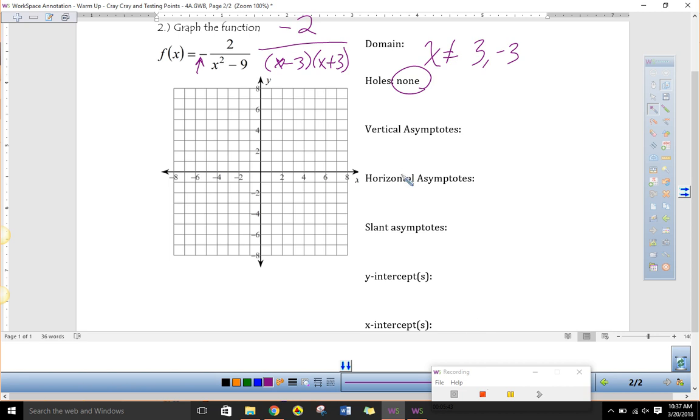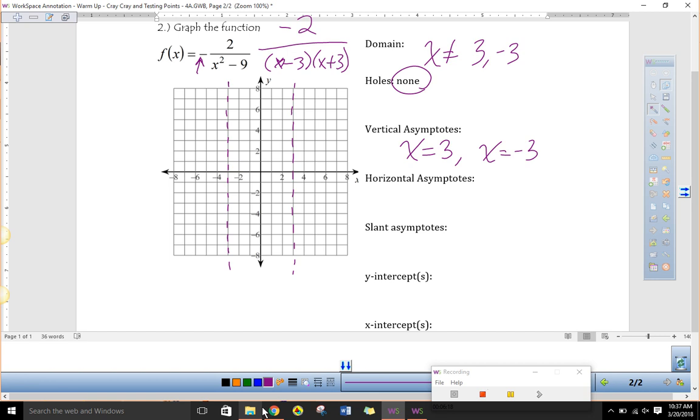If there's no holes, how many vertical asymptotes do I have? 2. And you're going to write these guys nice and separately, right? That is the equation of a line. That is the equation of a line. Right? So we can go ahead and get these vertical asymptotes in here.